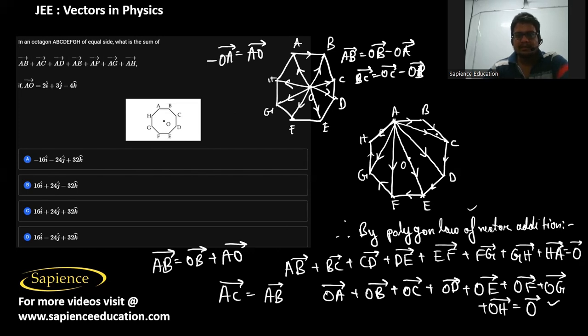Similarly, AC vector will be equal to AO vector plus OC vector.